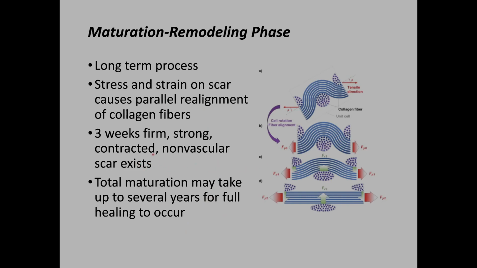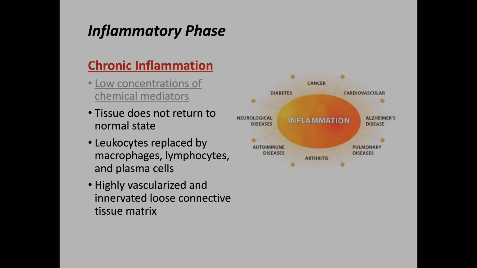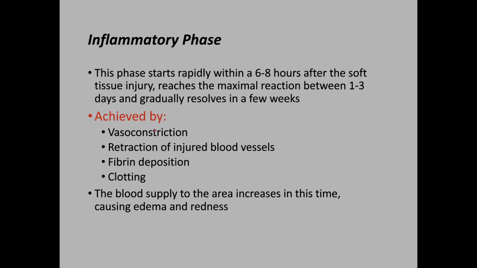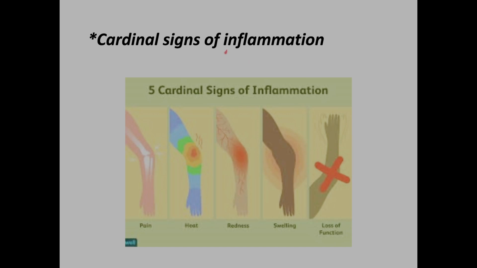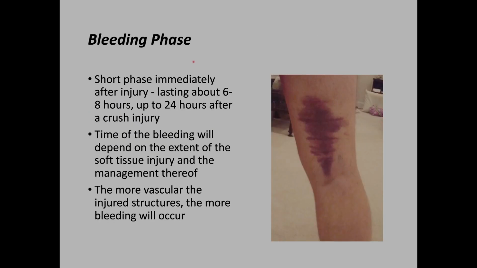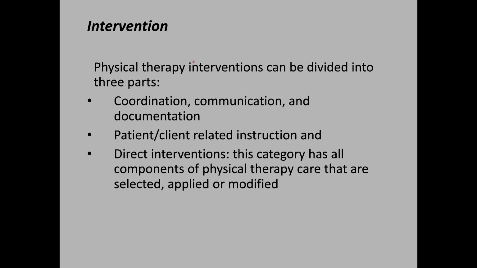I'm not going to hold you to that, but you should know generally what the priorities are, the body's priorities are during each specific phase of healing. And 100% cardinal signs of inflammation, know those backwards, forward, sideways. And I think for the most part, that is pretty much it.